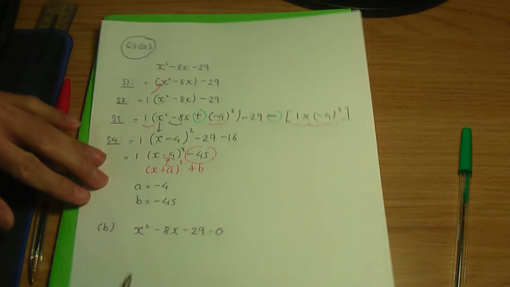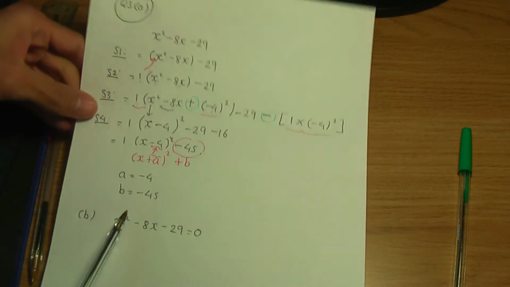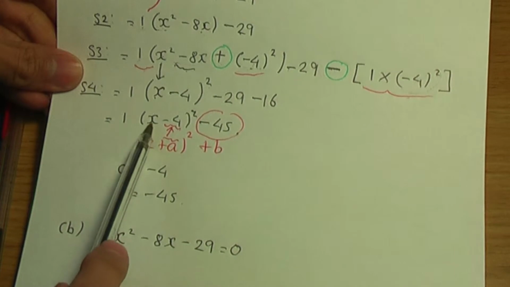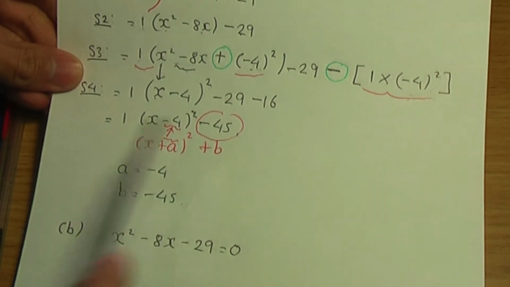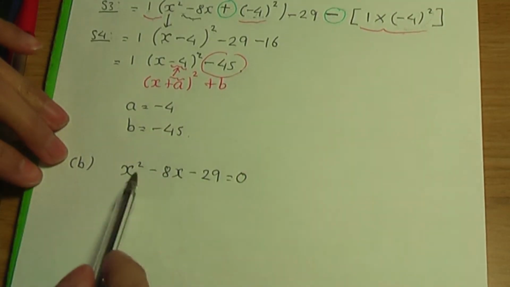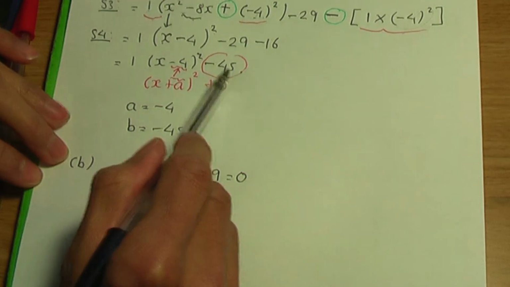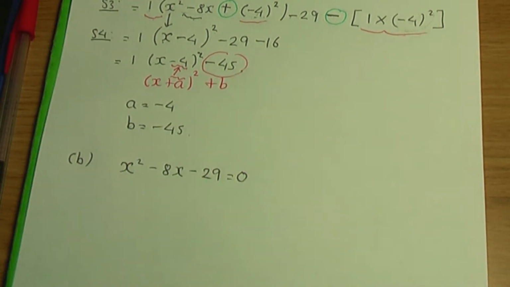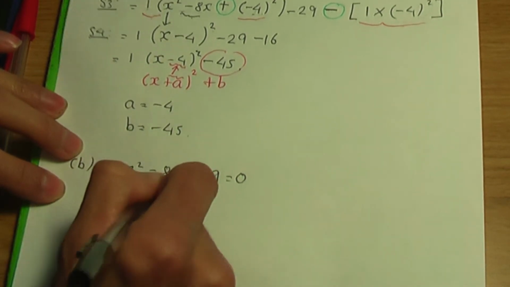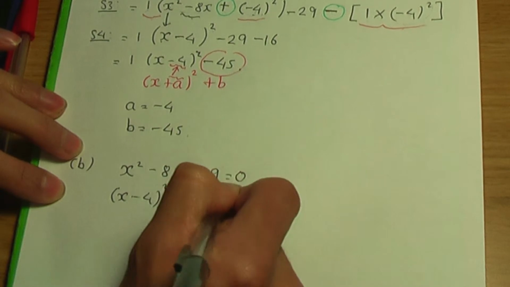Now if you notice, in part A we had that quadratic, and using completing the square we wrote it in the form (x - 4) squared - 45. So let's rewrite this equation based on the solution of part A. So from the solution of part A, I can rewrite this as (x - 4) squared - 45, which is equal to 0.